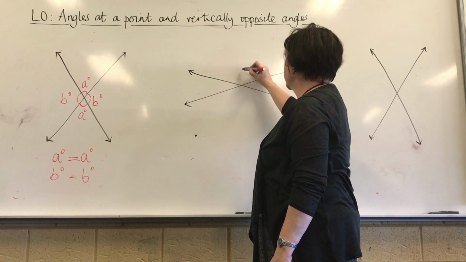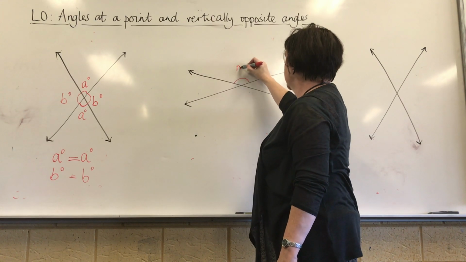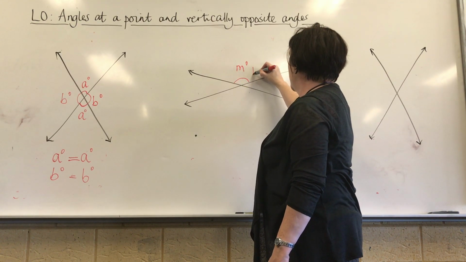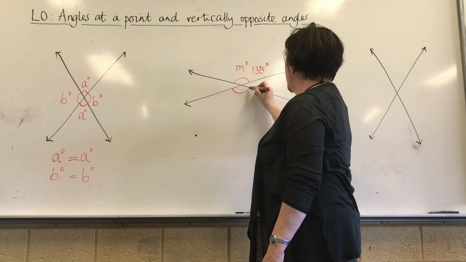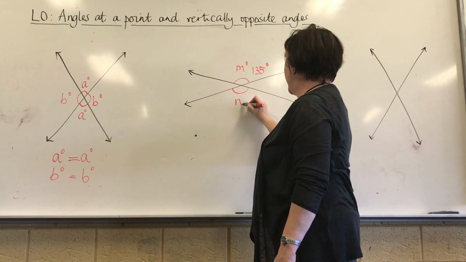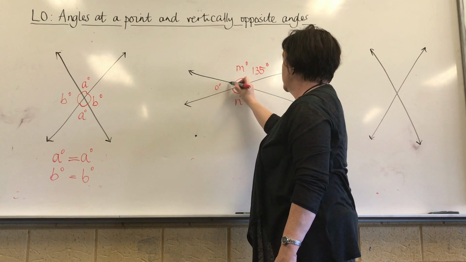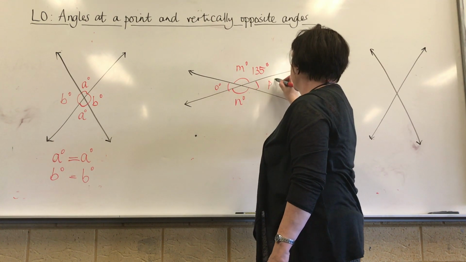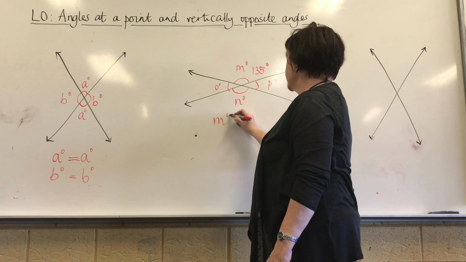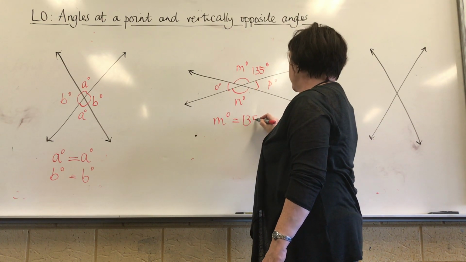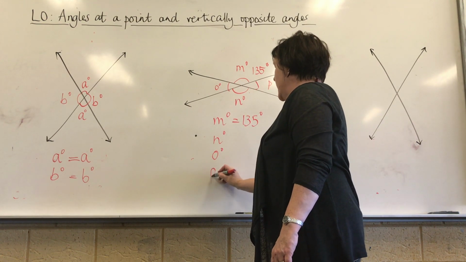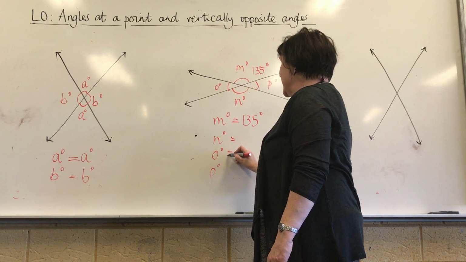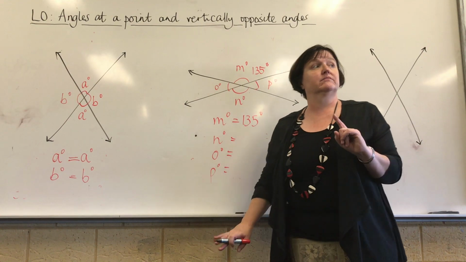So let's have a look at this one then. We'll call this angle M, and that can be 135 degrees. We need to find, we'll call them N, O, and P. If M is 135 degrees, I need to know what N, O, and P are, but I need a reason.